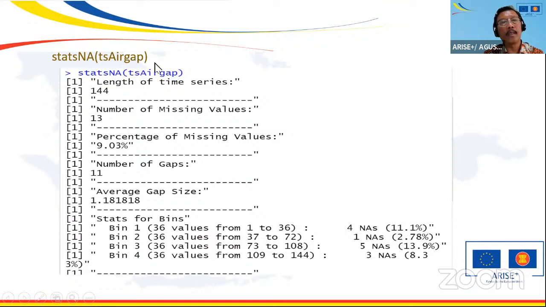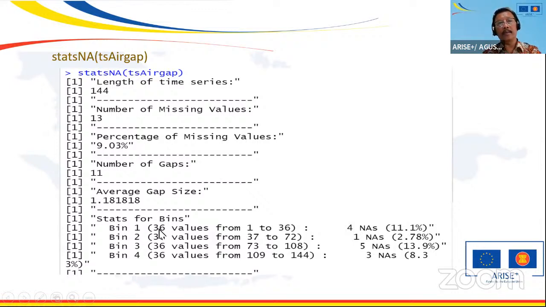This is another statement summarizing the data to show the NAs, to show the missingness, and this gives more information. They group it into bins, like boxes.